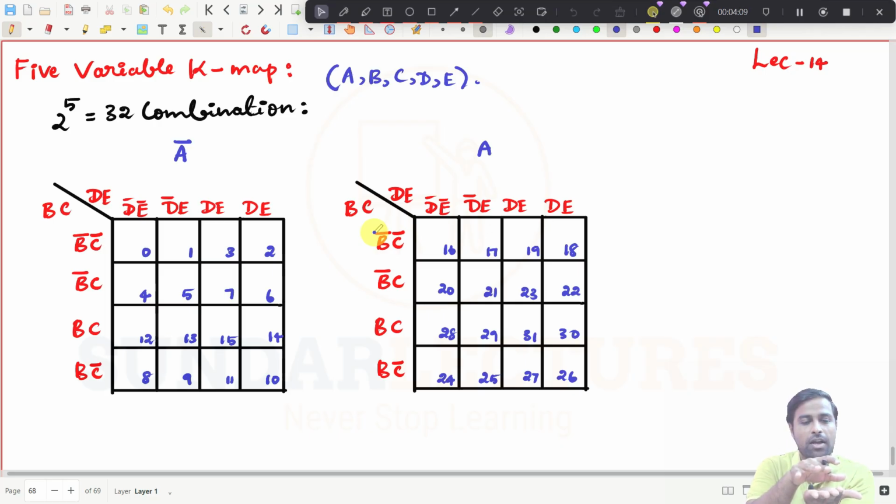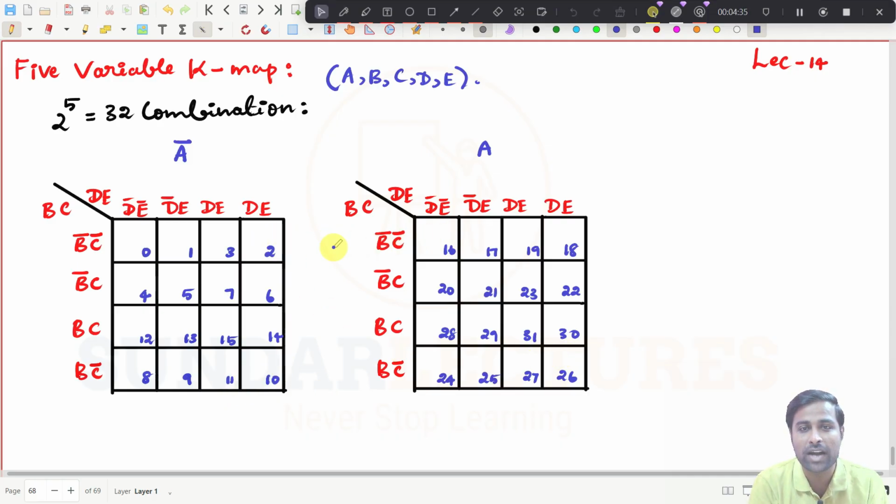If it is so, then all the cells corresponding to one another will be adjacent to each other. So 0 and 16 are adjacent to each other. This 1 and this 17 are adjacent, as well as 13 and 29, and 10 and 26.